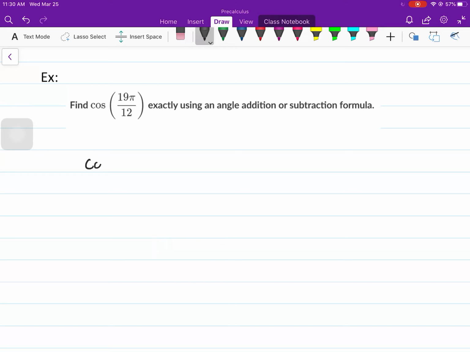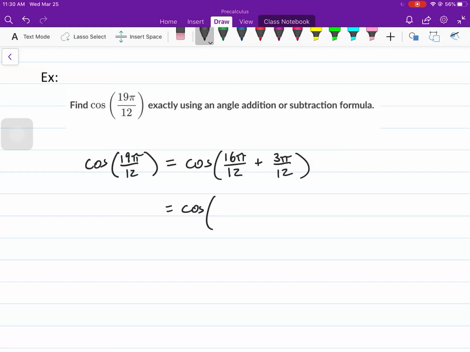So cosine of 19 pi over 12 would be equivalent to cosine of 16 pi over 12 plus 3 pi over 12. And then that would be equivalent to cosine of 4 pi over 3 plus pi over 4.